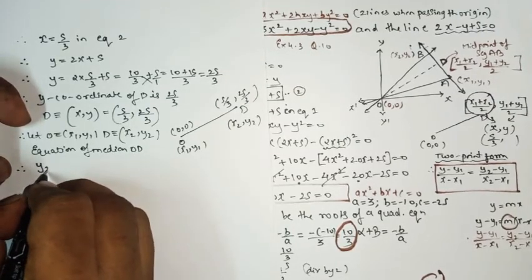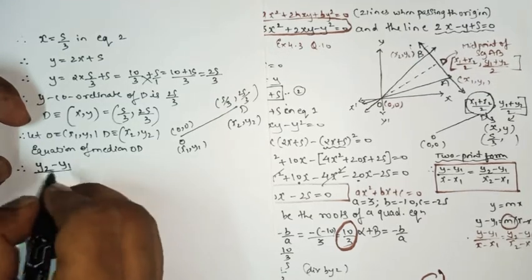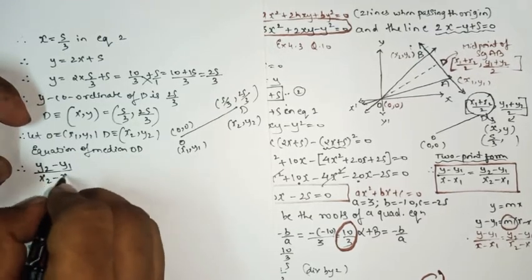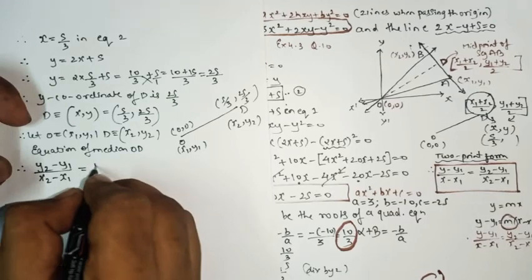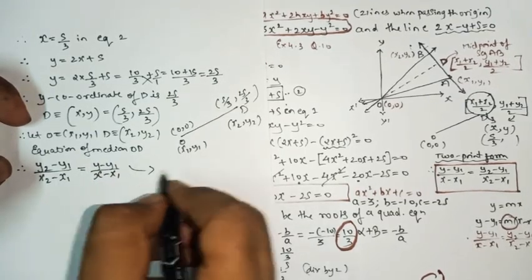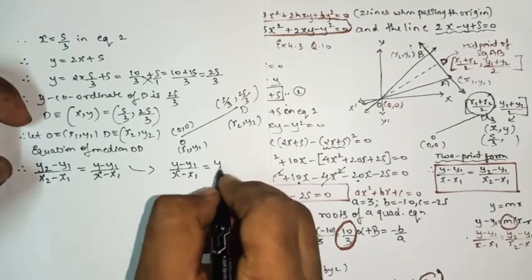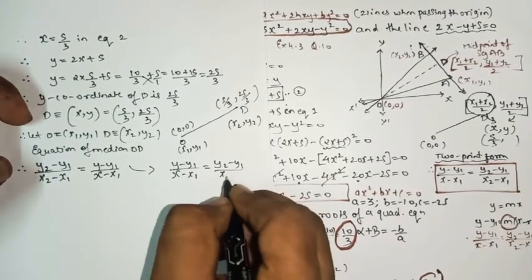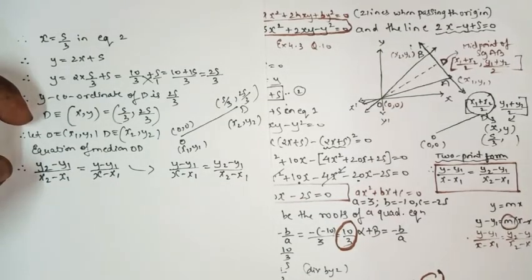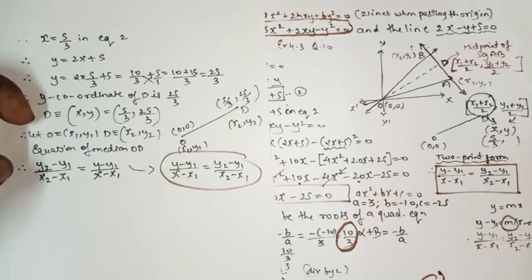By using the two-point form, (y2 minus y1) upon (x2 minus x1) is equal to (y minus y1) upon (x minus x1), or you can write it as (y minus y1) upon (x minus x1) equals (y2 minus y1) upon (x2 minus x1), in this way also.